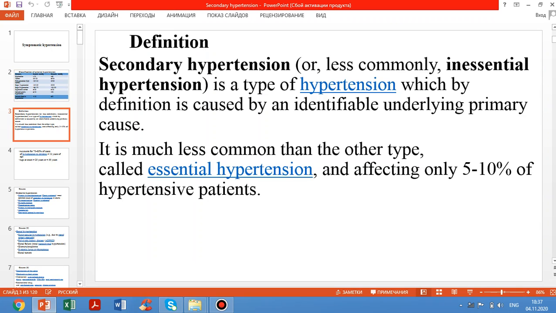Definition. Secondary hypertension, or less commonly inessential hypertension, is a type of hypertension which by definition is caused by an identifiable underlying primary cause. It is much less common than the other type called essential hypertension, affecting only 5 to 10% of hypertensive patients.